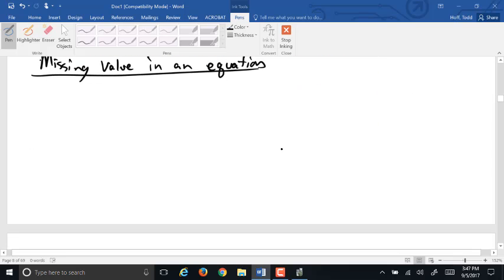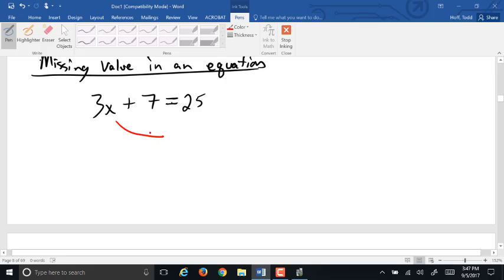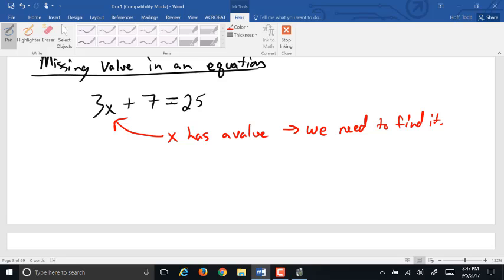Well, down here, when it's a missing value in an equation, like 3x plus 7 equals 25, here, x has a value. We just don't know it yet. We need to figure it out. So we need to find the value. So there's a case, it's a missing value in that equation that we have to figure out, that we can find, but it only has one value in that case.